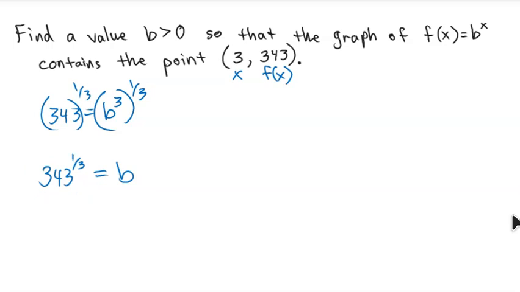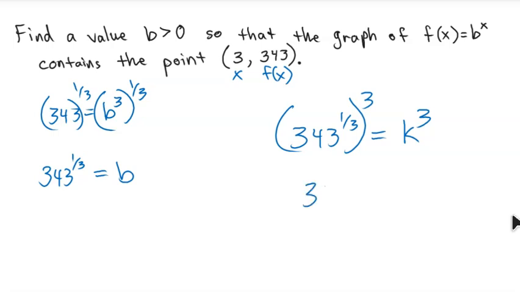Let's set this up like we did in the last one. We're going to take 343 to the 1/3 power and make it equal to k, some number. We can raise this to the 3rd power and it'll cancel this, so we raise this to the 3rd power too. So that must mean that 343 is equal to some number k to the 3rd power.